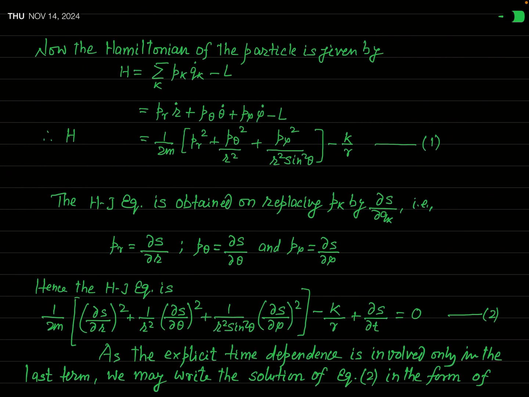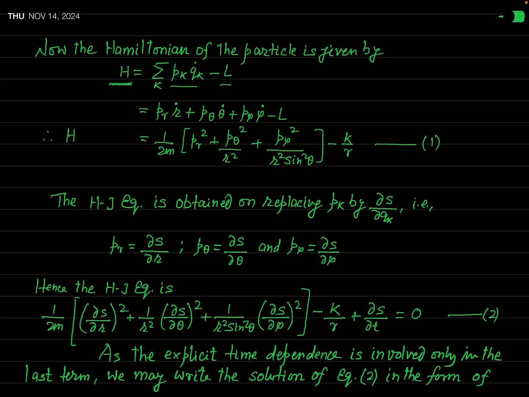Now, you know the general definition of the Hamiltonian of a system. When you have studied the Hamiltonian formulation of mechanics earlier, you studied the general definition of the Hamiltonian. And what is this general definition? This is the summation over k of pk qk dot minus L. Now here you can see that there are three components of momentum, PR, P theta and P phi.